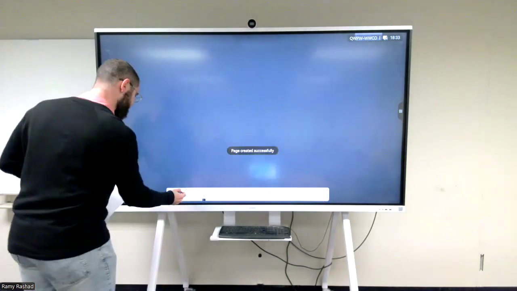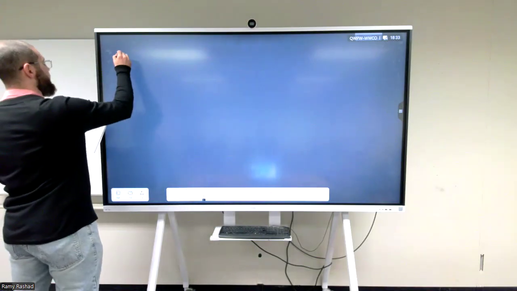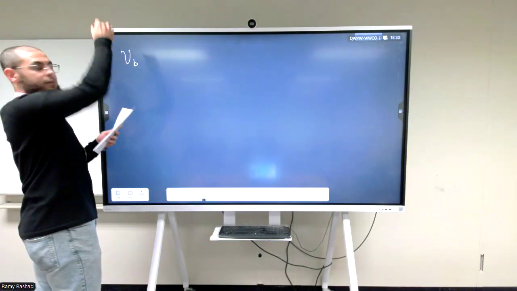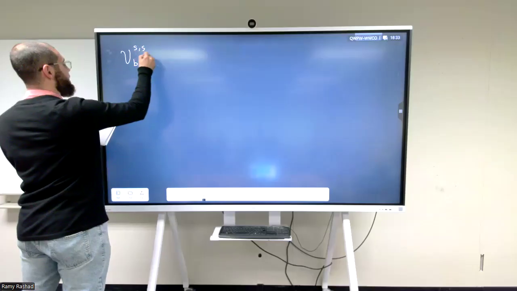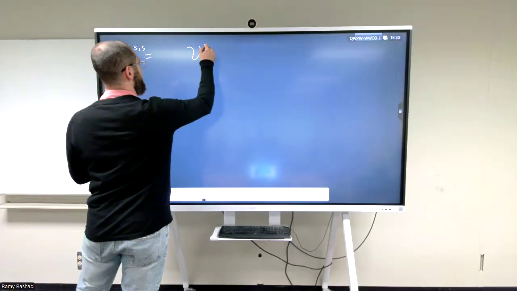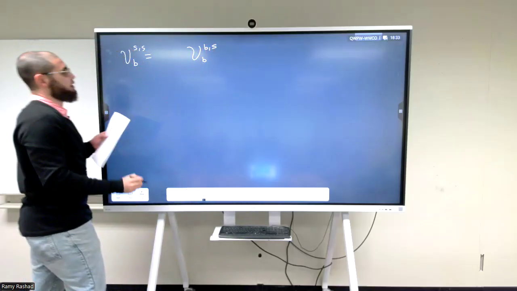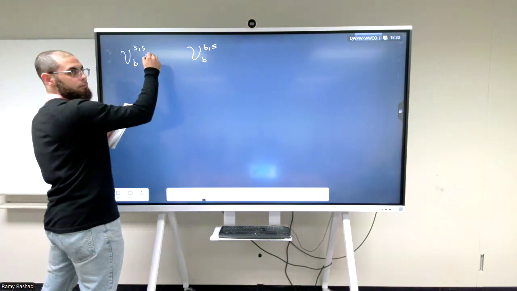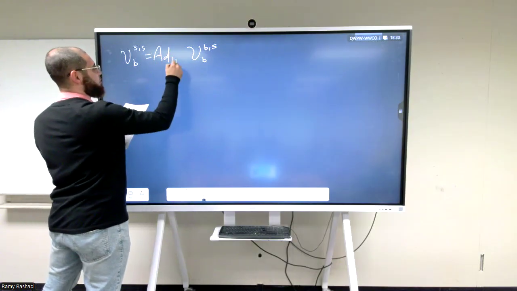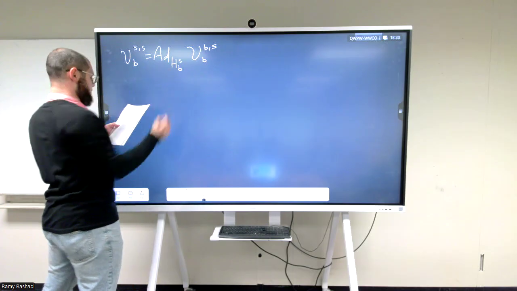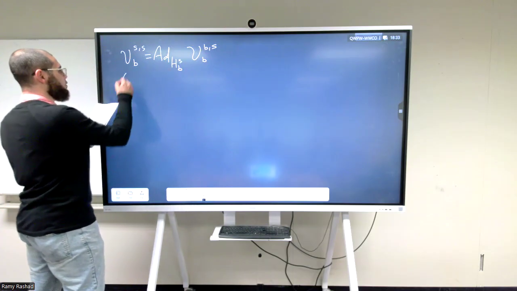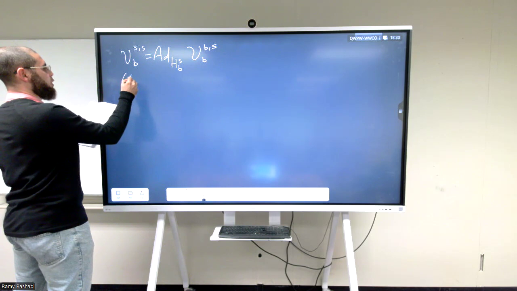Okay. What was the relation between the capital V, the twist in the S frame, and the twist in the B frame? What was the relation? Adjoint from where to where? From B to S. Okay. What are the components of this twist?